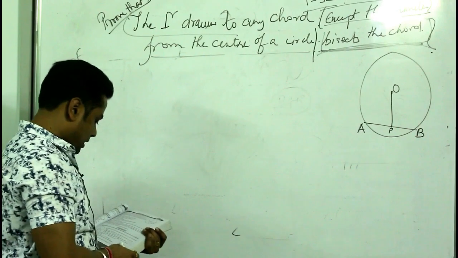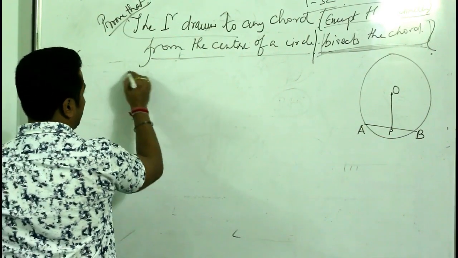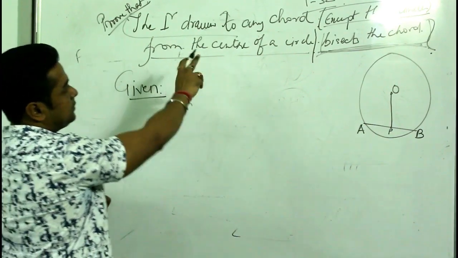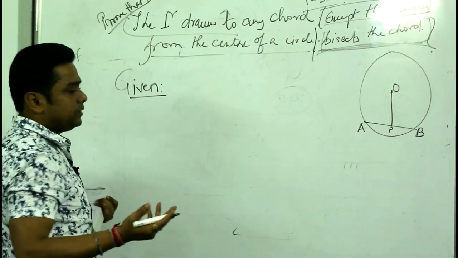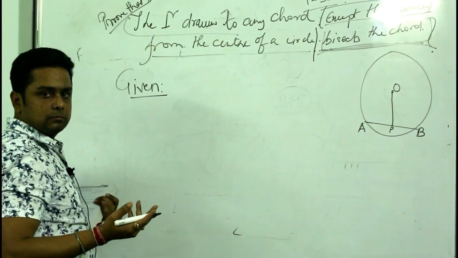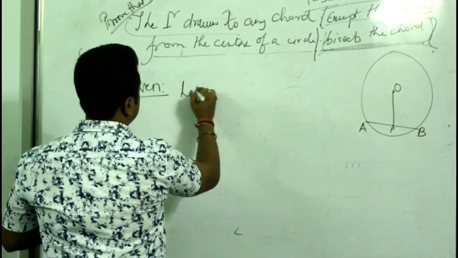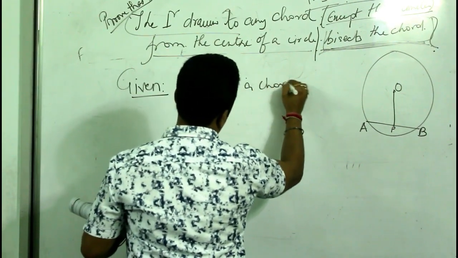Okay. Now I will go step by step. I told you some facts are given. Right, visible colors? Perfectly visible. Okay. Given, what is given? Chord is given. Let AB be a chord.